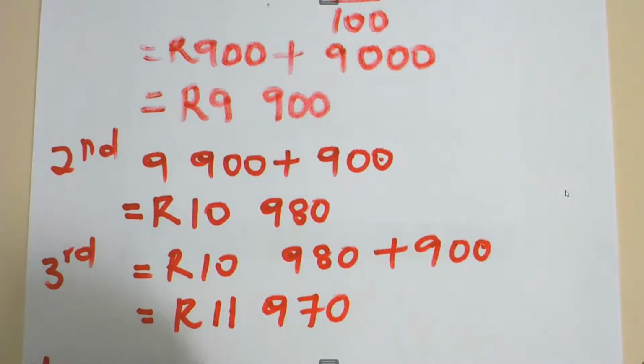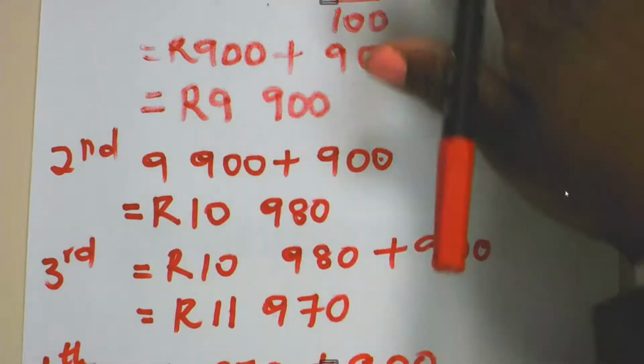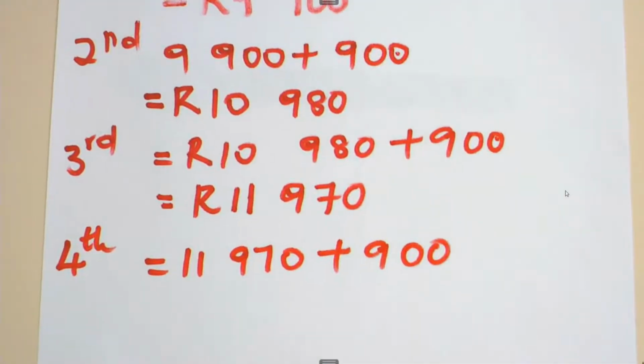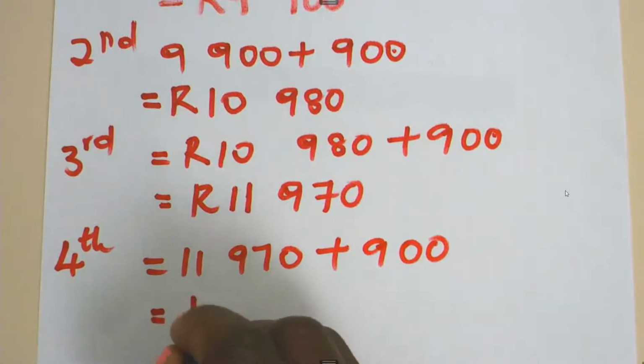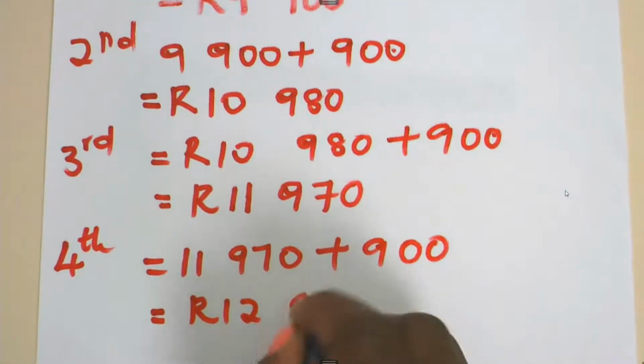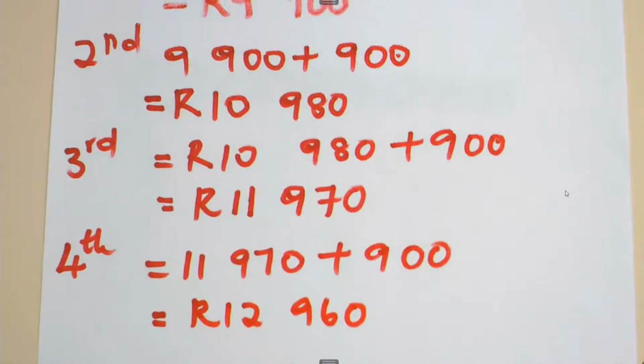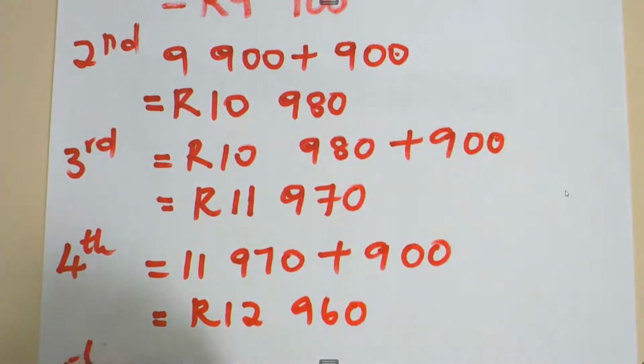Then we come to the fourth year. During the fourth year, we have 11,700. We add 900. When we add 900 to it, we accumulate an amount of 12,600. So now we go to year number 5, which is the last year.